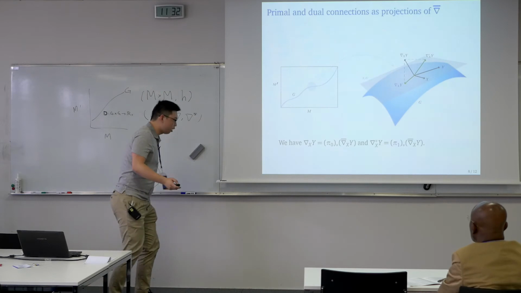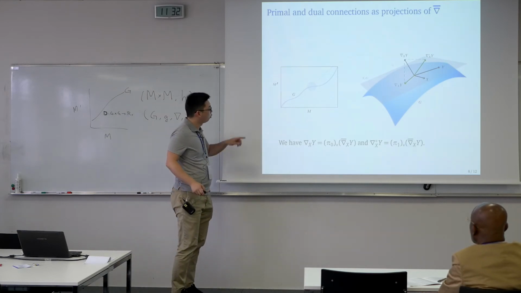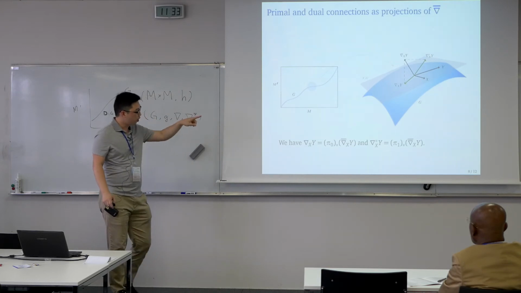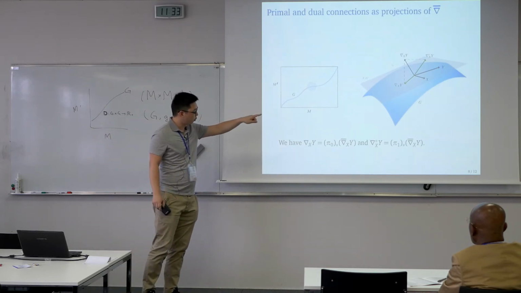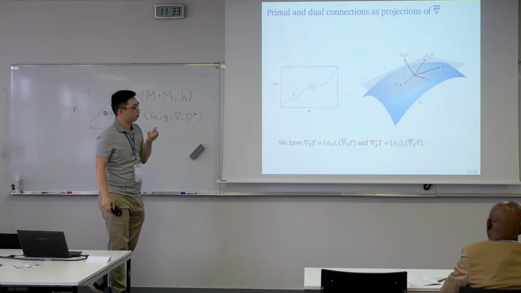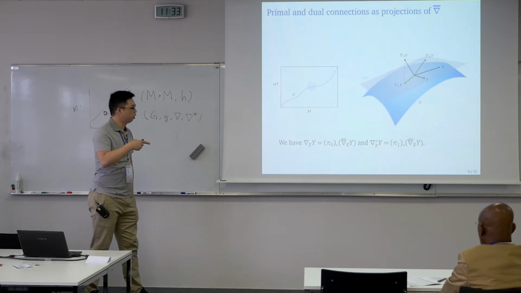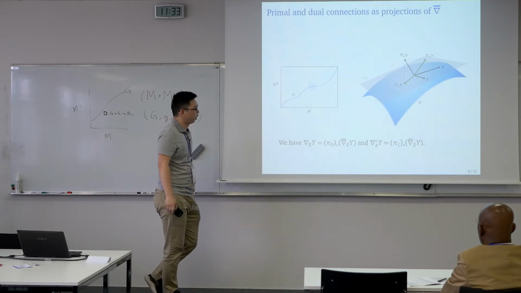So let us take a local view of what happens in the graph G. As you can see on the right-hand side, the blue surface is the graph G, and the gray plane is the tangent plane.